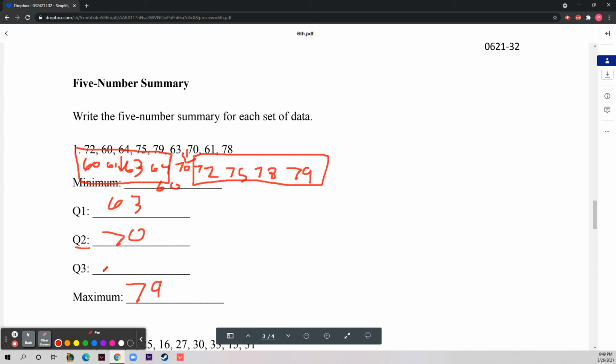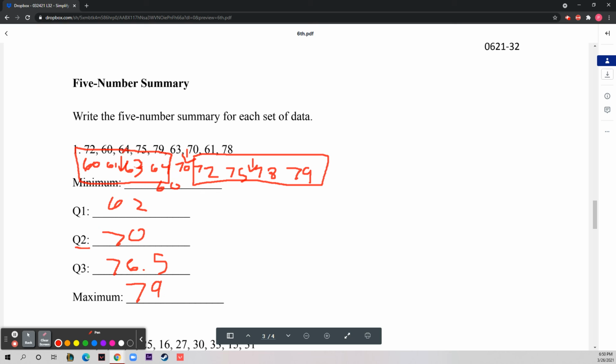So it's the average of 61 and 63, which is 62. So quarter one is 62. And quarter three is right here, which is 76.5. So the minimum is 60, then 62, 70, 76.5, and 79.